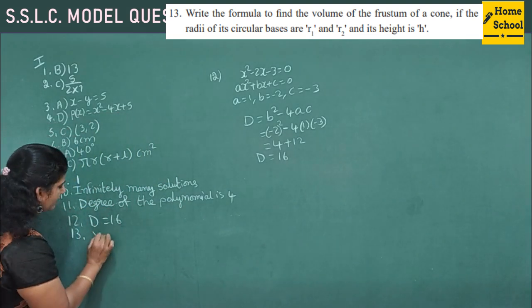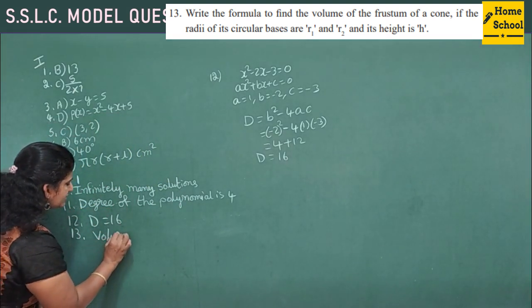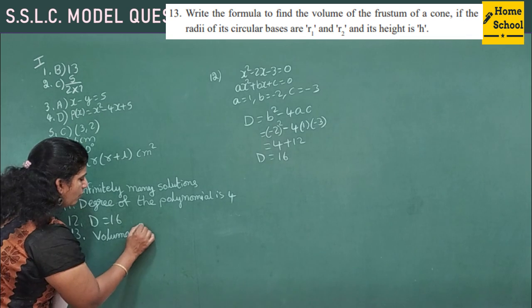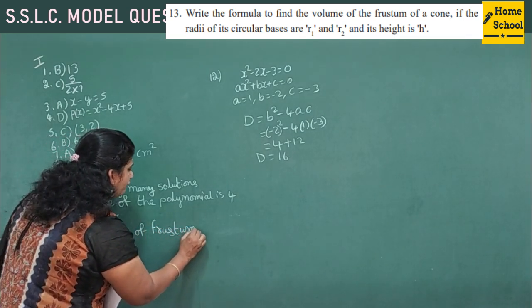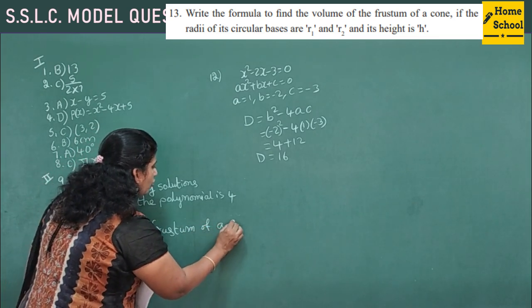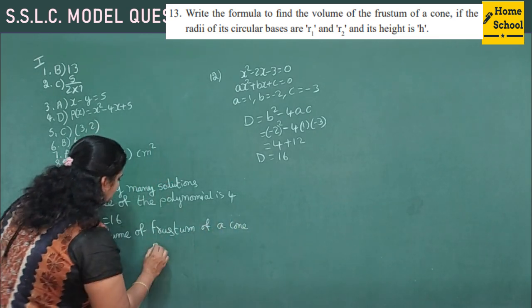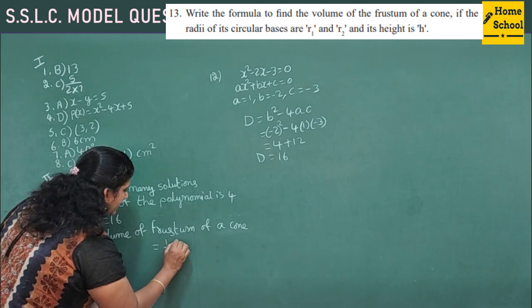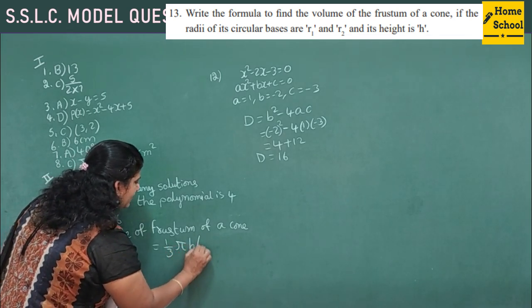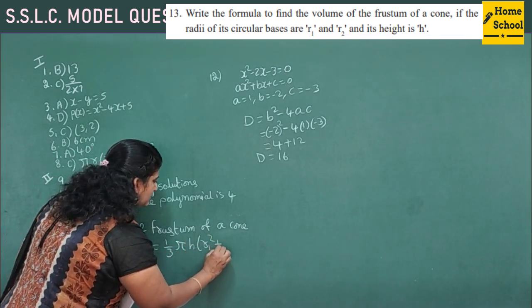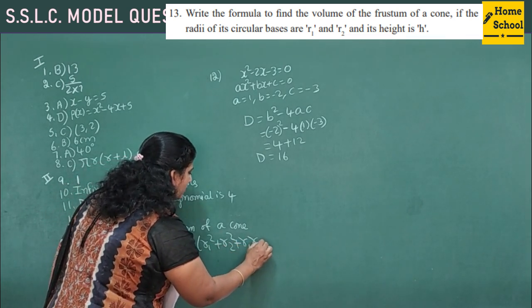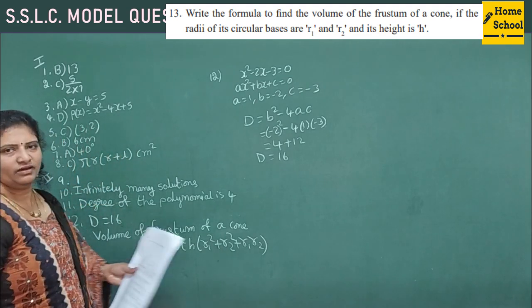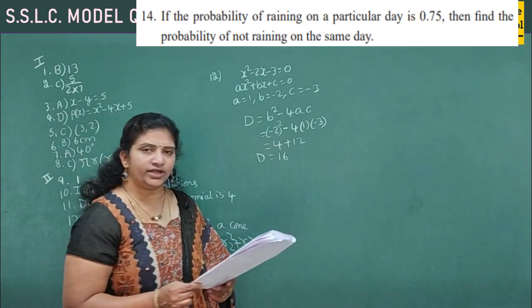Volume of frustum of a cone is equal to 1 by 3 pi h into R1 square plus R2 square plus R1 R2. Right?